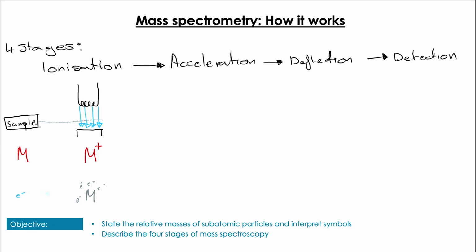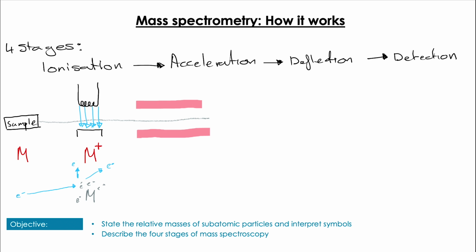If the sample is M, we make M plus ions. Now, we're not trying to add electrons with our electron cannon. We're actually using these high energy electrons to knock electrons off of our sample and form an M plus ion. So we're actually going to be using positive ions.